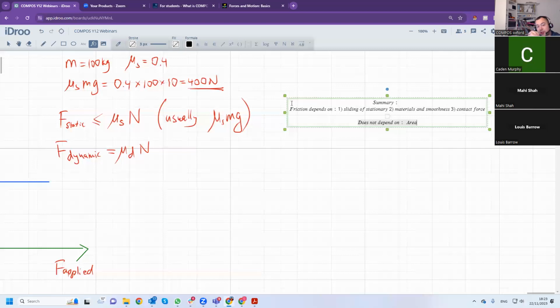They should have the same friction force because it doesn't depend on the contact area. And yet, we know that in racing cars, they use sleek tires. So they maximize the contact area.